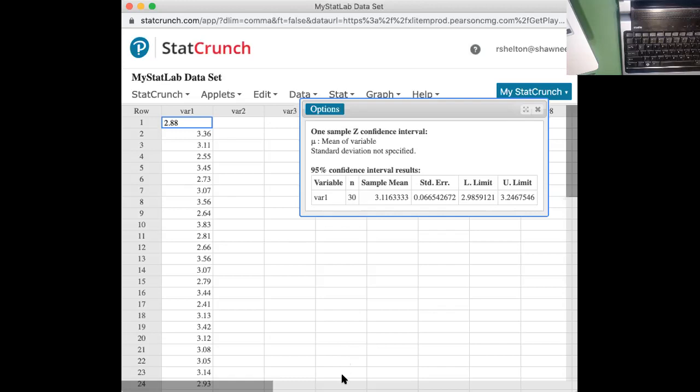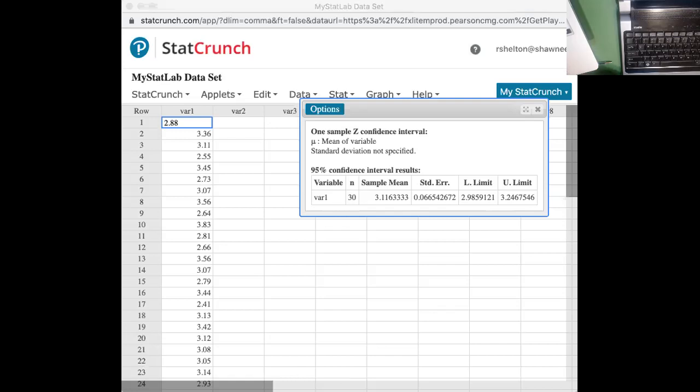Minus 2.89 equals, divided by the standard error, which I wrote down, of 0.0665 equals. So our test statistic, which will be our Z-score, if you will, is 3.403. That's our test statistic.